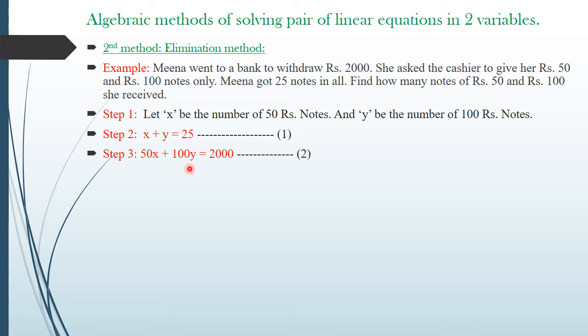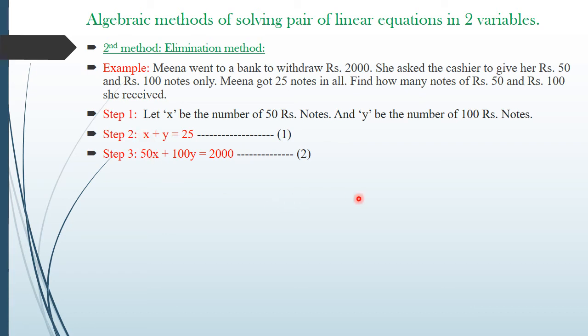So in order to make coefficients the same in both equations, I have to multiply throughout the equation by one particular number which will give me equal coefficients in both the equations. Therefore, I will consider equation 1 and multiply that equation throughout by 50 so that I will get the coefficient of x equal.